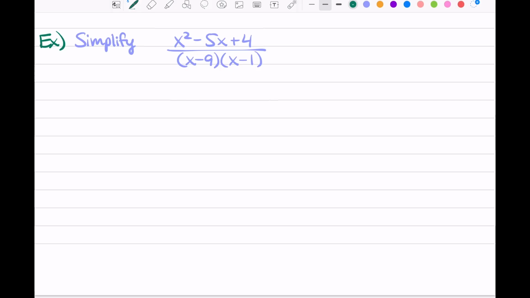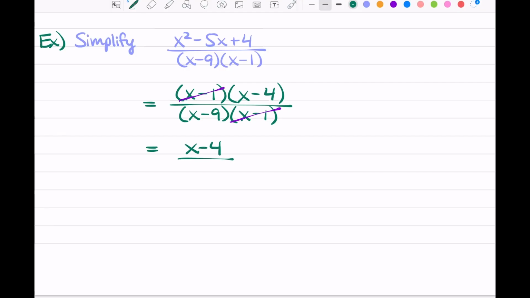And if you do that, you'll see that our expression factors into x minus 1 times x minus 4. Now we have an x minus 1 on top and an x minus 1 on bottom. So again, thinking of those as one number or one piece, we can cancel them out. And then we're left with x minus 4 over x minus 9.